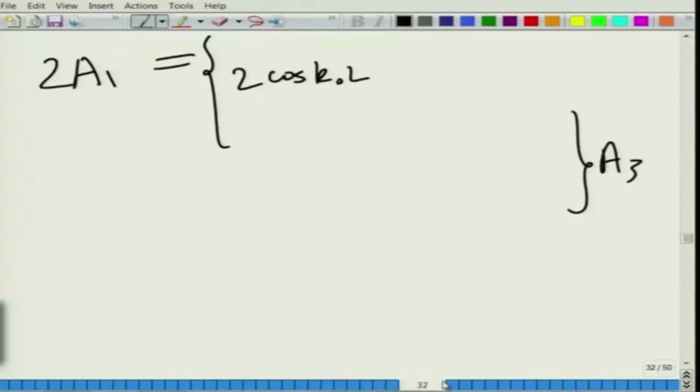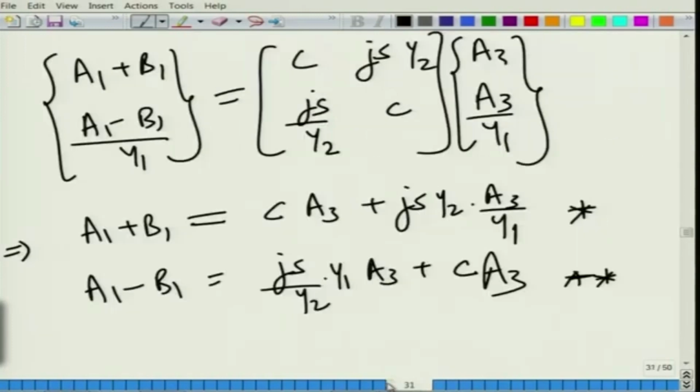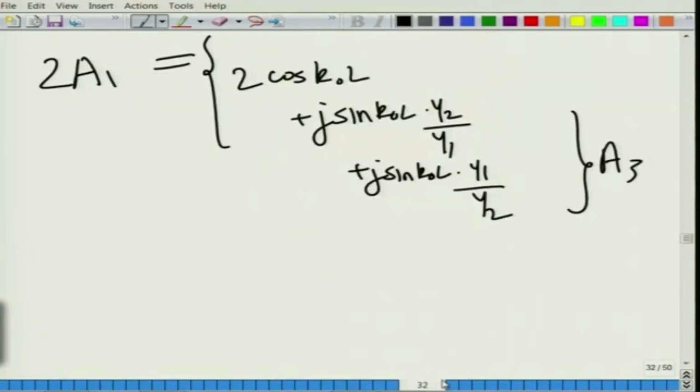So, I would write this as j sin k naught L times y2 by y1 plus j sin k naught L times y1 by y2, because that is what this is here, and this would probably simplify.